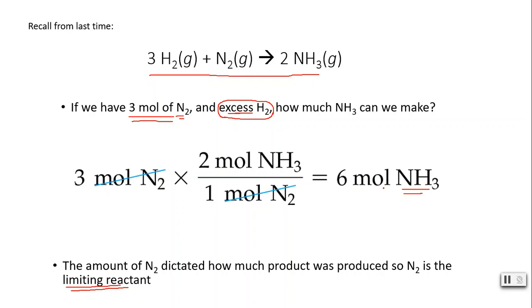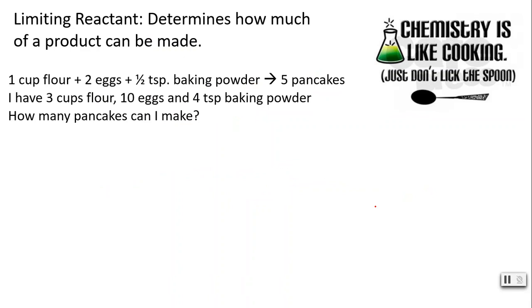So in this situation, determining which reactant to use, what the limiting reactant is when doing calculations was pretty straightforward. But sometimes it isn't as straightforward when doing limiting reactant calculation problems. And we're going to do 2 examples in a second.